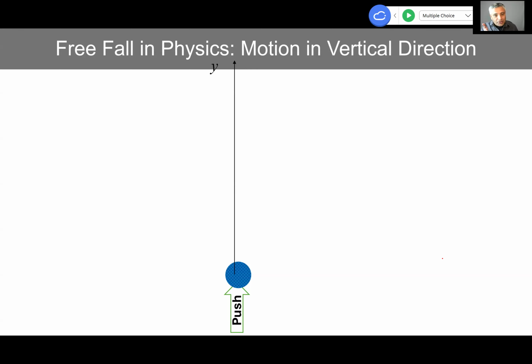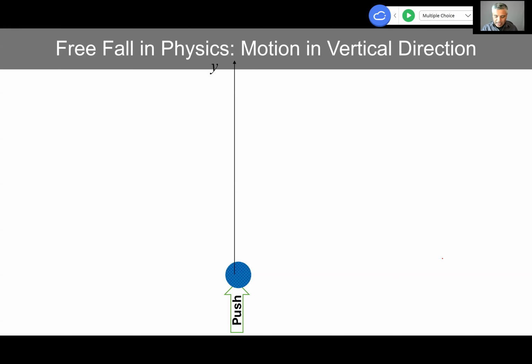Even when the object is going up, we still say fall. That's kind of weird, right? But it's free fall. Even when it's going up, we don't say free rise. We say the whole motion is free fall, whether it's coming down or going up and coming down. That's the kind of motion we're talking about.